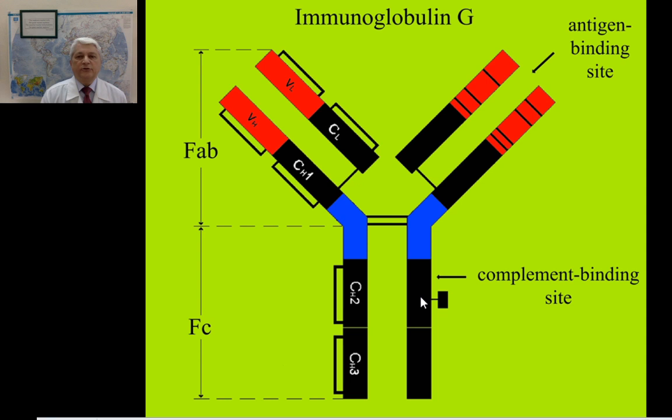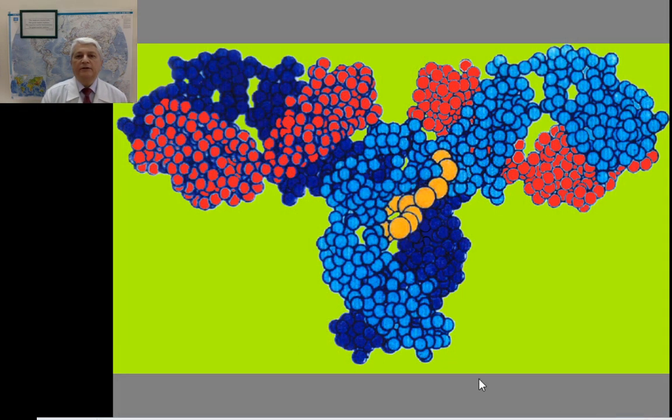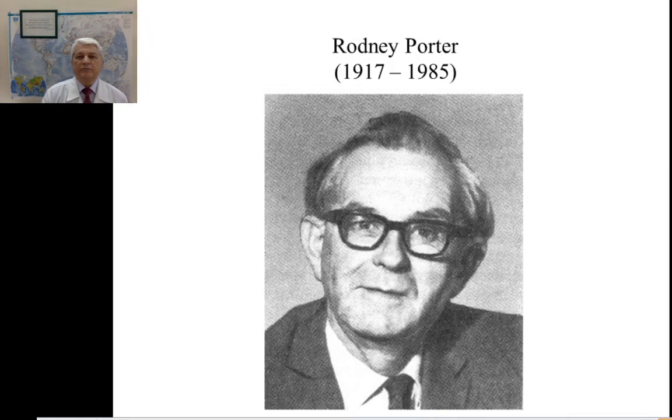And as I told you, let's look once more at the previous figure. Between two heavy chains there are carbohydrate components, and let's look at our scheme.